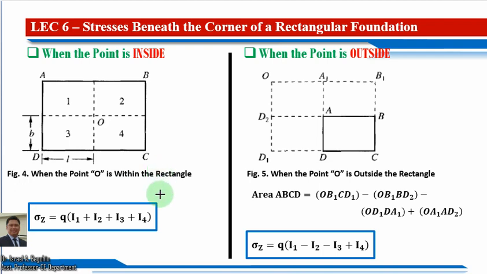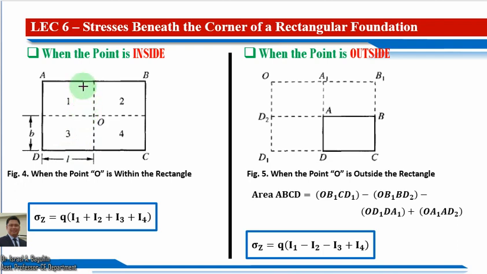For this purpose, we divide the rectangle ABCD into 4 smaller rectangles marked by this 1, 2, 3, and 4, by drawing lines through this point O here. And for each of these rectangles, compute the ratios of your Z over the B.